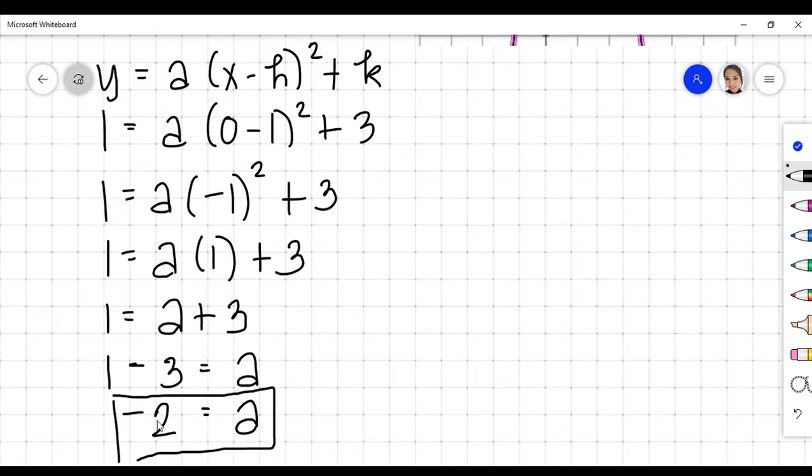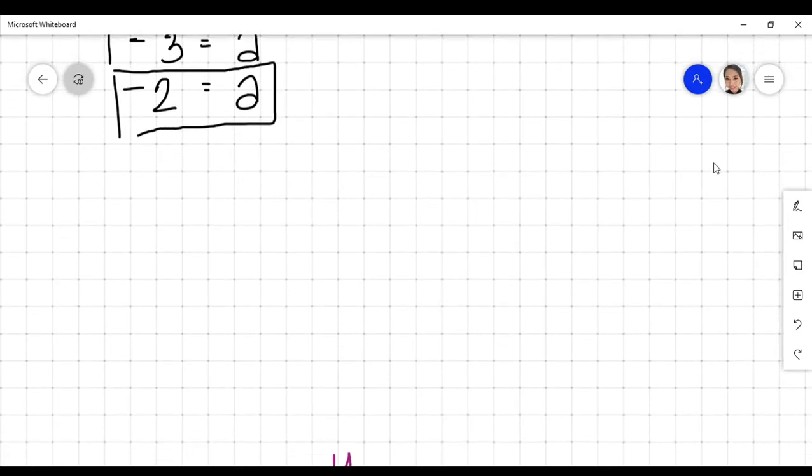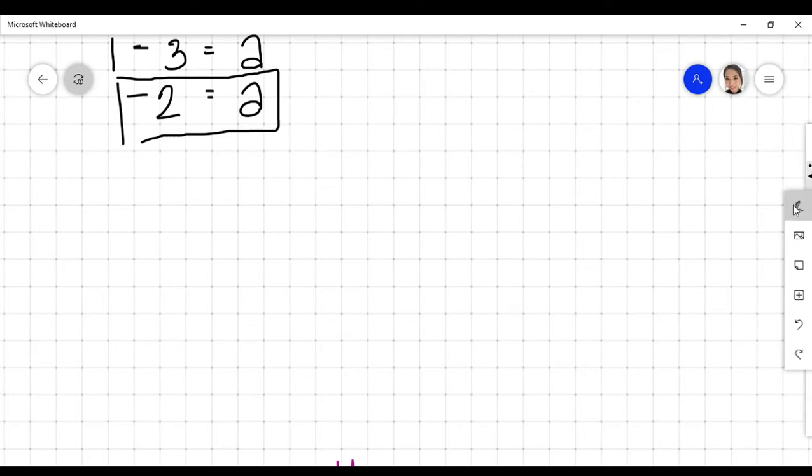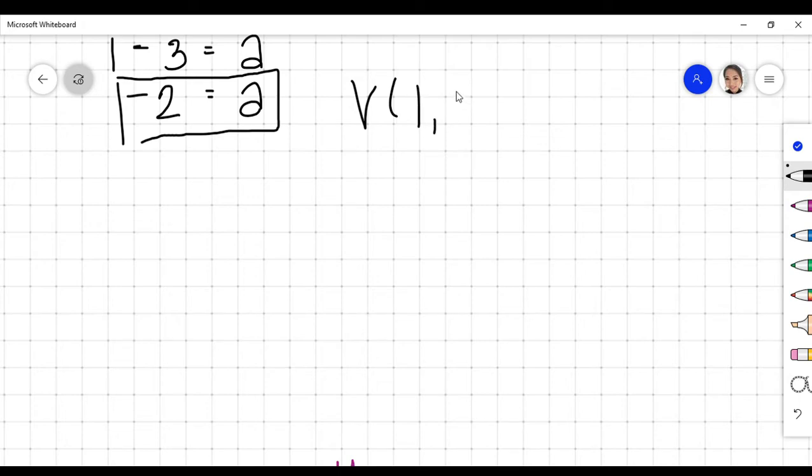Okay. So since we got the value of our a, we will substitute a and our vertex 1 and 3 to the equation.